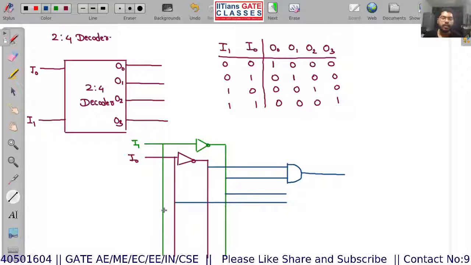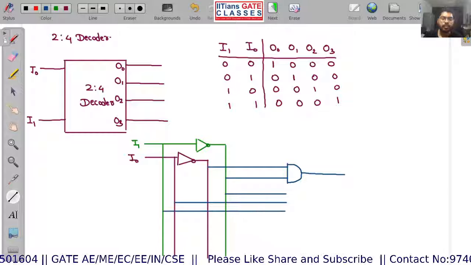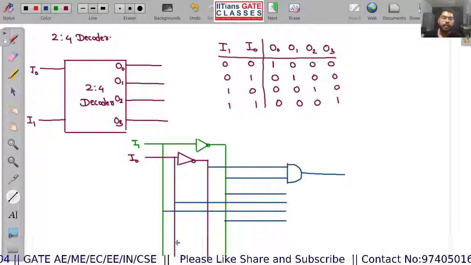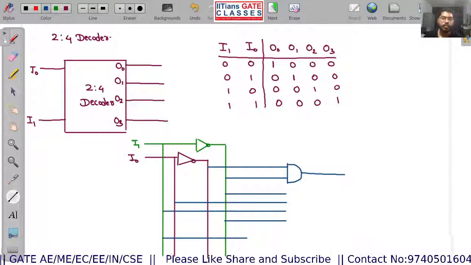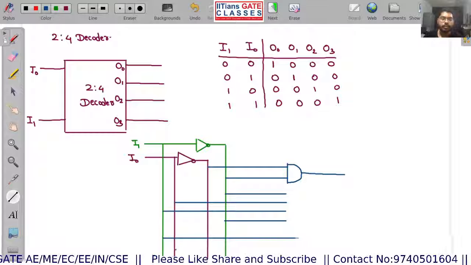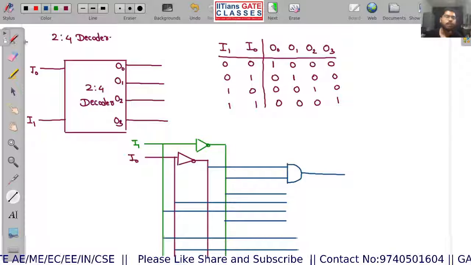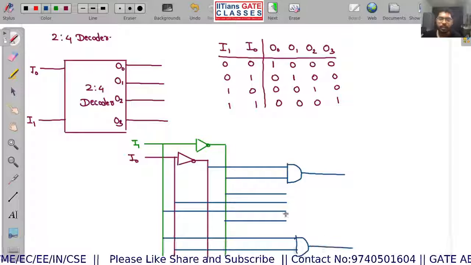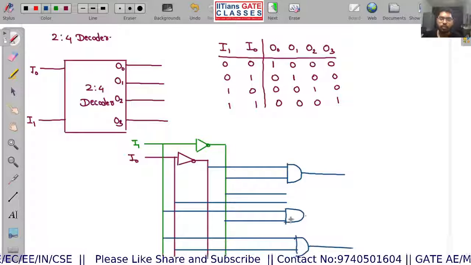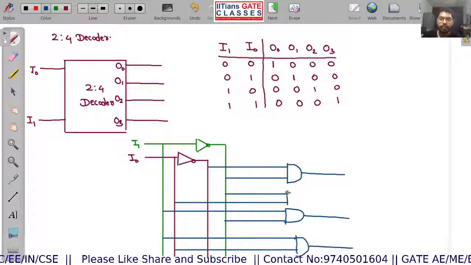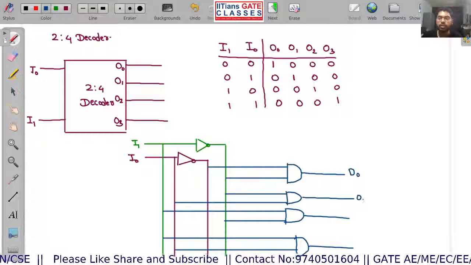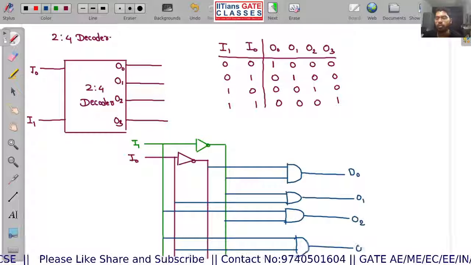Next is I1 1 and I0 0, and the last case is both of them are 1. So with the help of this type of circuit, I am going to realize a 2x4 decoder. So these are O0, O1, O2, O3.